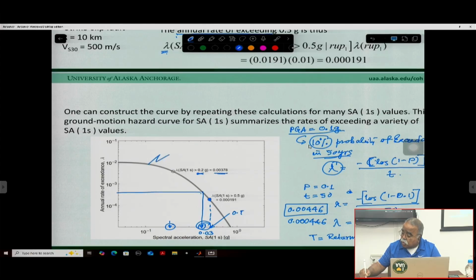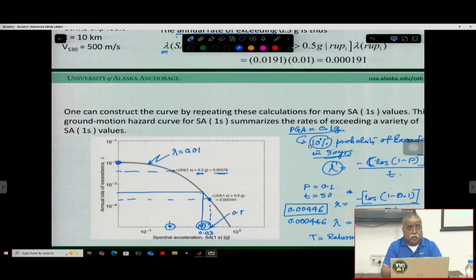So these are all calculated with lambda equal to 0.01, or 10 to the power minus 2. Now the annual exceedance rate calculated for this one will be 0.001191. So for 0.2 g, it will be like this.